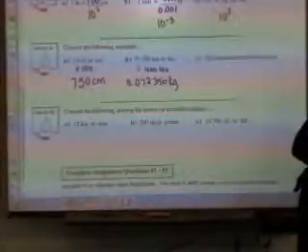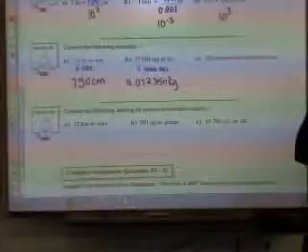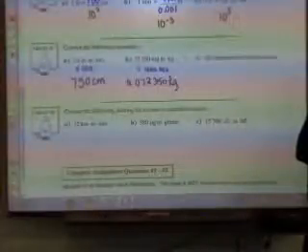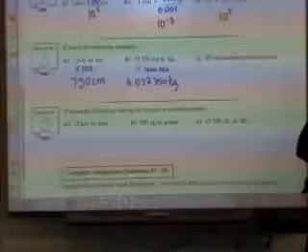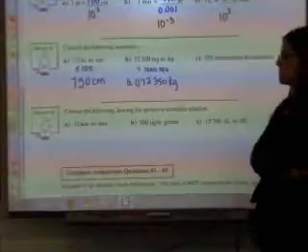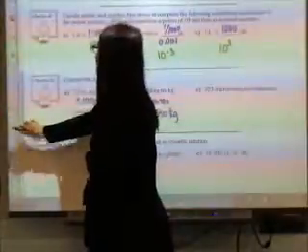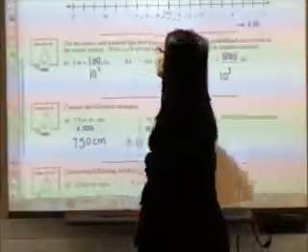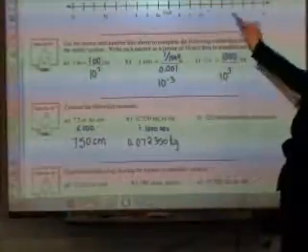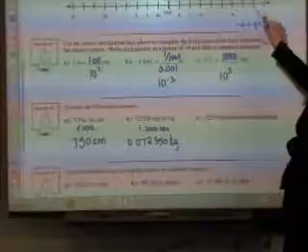Now from micrometers to nanometers. So micrometers to nanometers: 10, 100, 1,000.